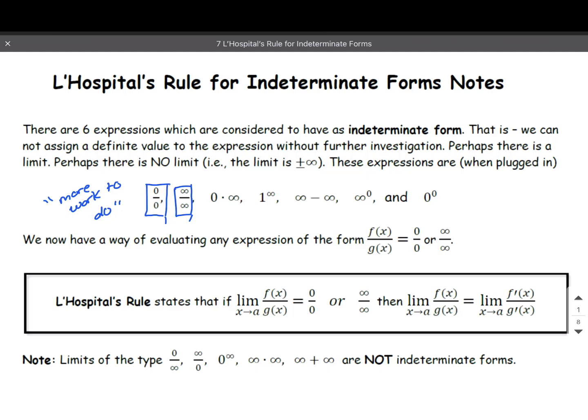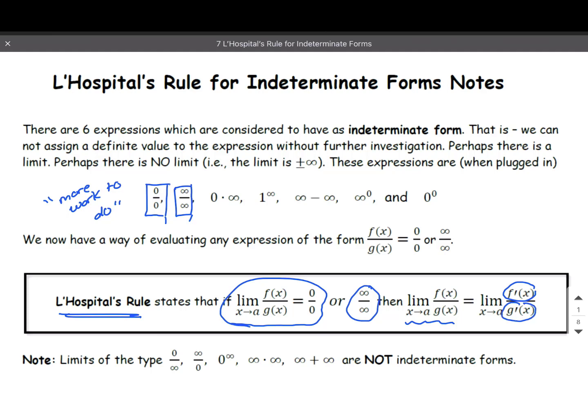We are only going to be working mostly with the first two, 0 over 0 and infinity over infinity. Now, if we are evaluating an expression of the form where we're taking the limit as x heads to a number of f of x over g of x, and we get 0 over 0 or infinity over infinity, it turns out, according to L'Hopital's rule, that this limit is the limit of the derivative of the top over the derivative of the bottom.